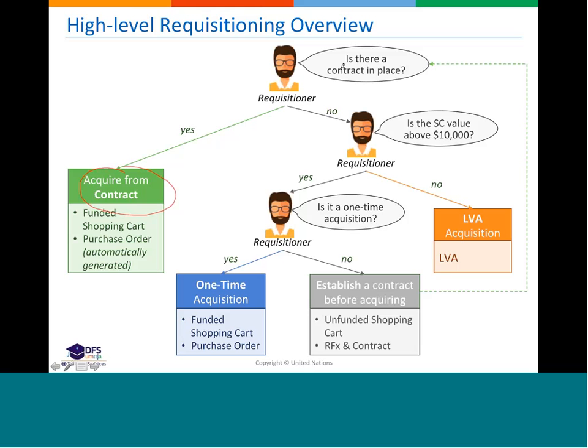So what you do is create a funded shopping cart, then you will go for an RFX process, meaning RFP or ITB or RFQ, but then you will not establish a contract. As a result of this RFX process, you will place a PO, a purchase order, not a contract that will be in the system contract available for everybody, not a contract that will be in the contract catalog. As a result of the ITB, we will place one PO. This is basically the difference.